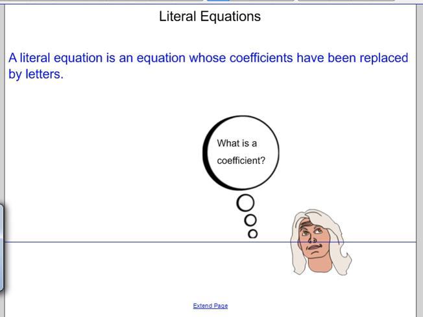So an example of a literal equation would be this. You should probably be familiar with this equation, area equals length times width, the area of a rectangle. Pause the video, get this definition down, and then you can unpause it.